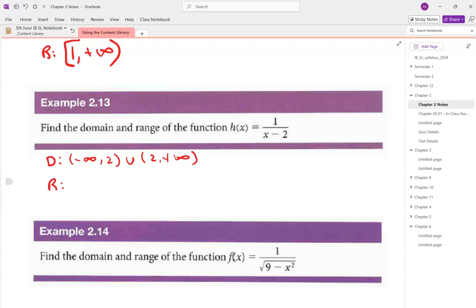So on that one, no, because it doesn't include 2, right? Because 2 makes a 0 denominator.